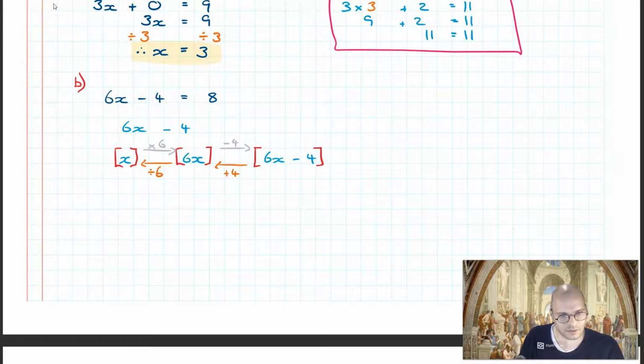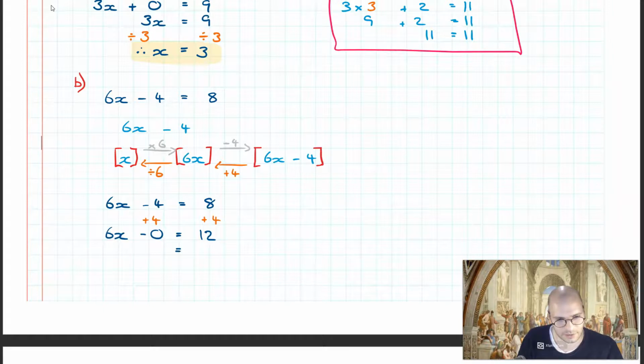Carrying this out, I'm going to write out 6x minus 4 still equal to 8. Then first operation is I'm going to plus 4 to both sides of my equation. The result of this will be 8 plus 4 is 12. But the minus 4 and the plus 4 will cancel, so we'll get 0 there, 6x there.